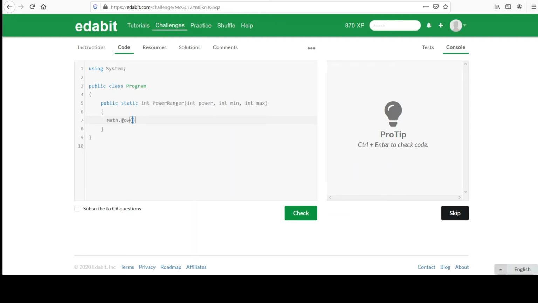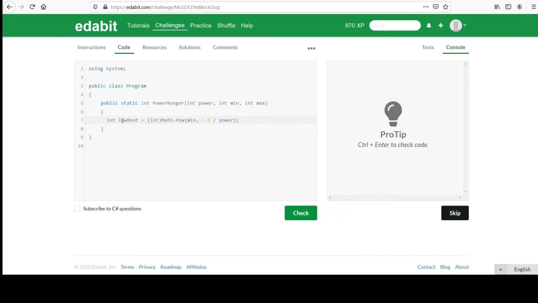And then let's start with the min, and I'm going to have to convert this to an integer because we know the math power function returns a double. So I'm going to take care of that right now, make sure I cast my result. Min, and then what power do we want to go? It's the reciprocal, so let's go 1 divided by the power.